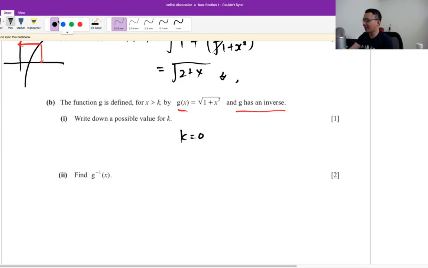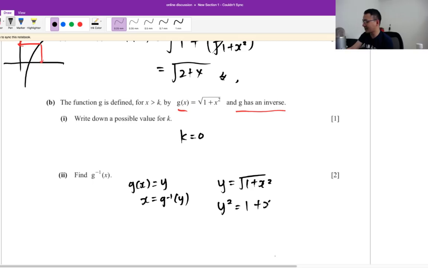That is just 1 mark. And then I want to find g inverse. This is quite straightforward. I make g(x) equal to y, then x becomes g inverse of y. Then I do some substitution here. y equals the square root of 1 plus x squared. So y squared, I want to make x the subject, alright? So y squared equals 1 plus x squared.